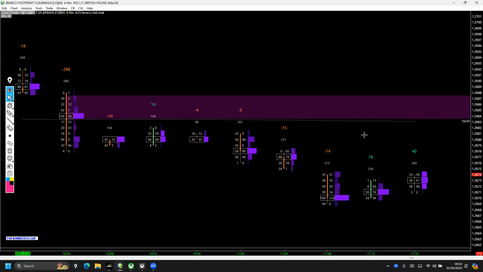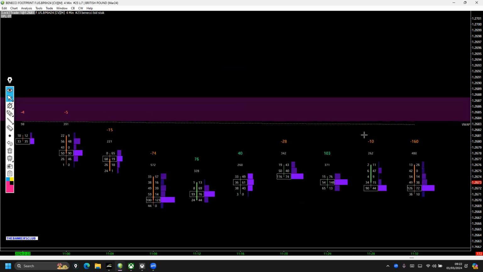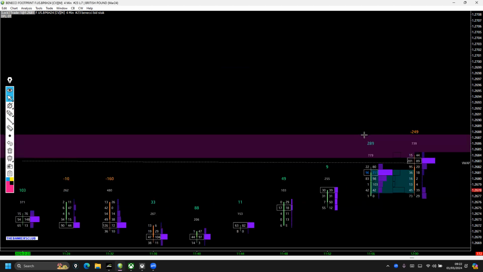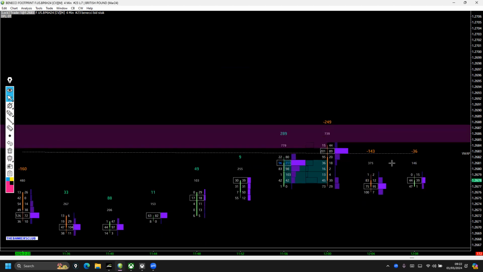And then we come back and retest it, coming back up to retest it, increasing buying into the imbalance. And then at the imbalance, look at that aggressive selling taking place again.